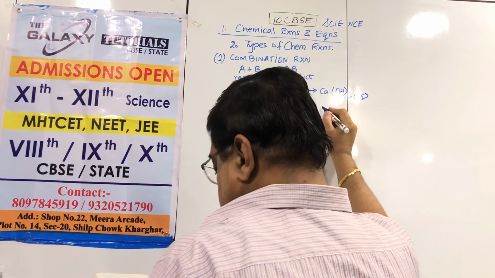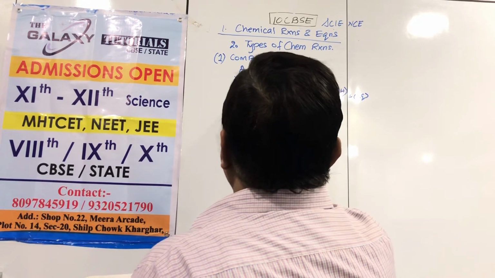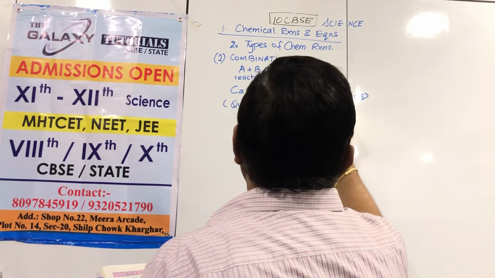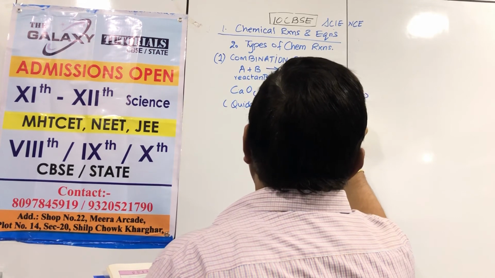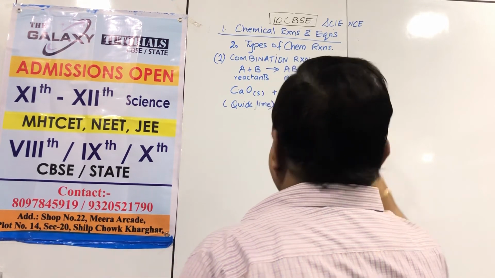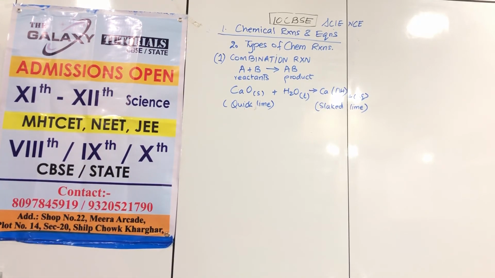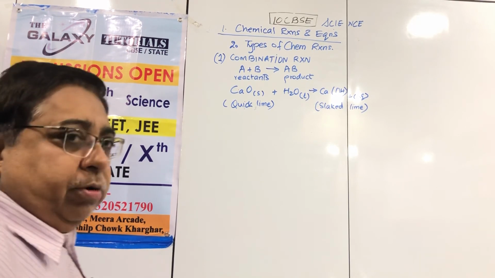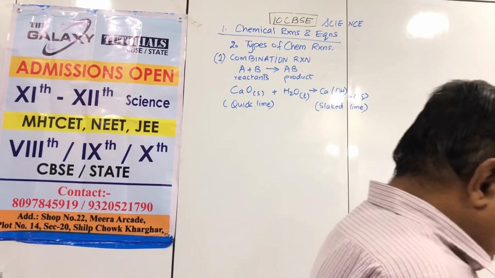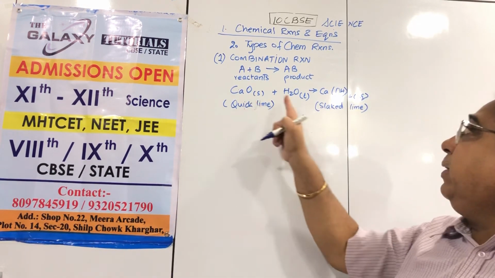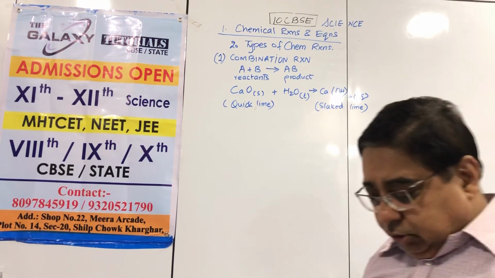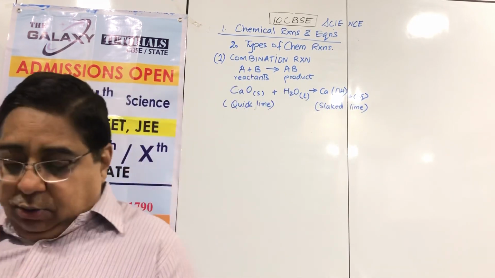This is called quicklime because it's solid, and this is called slaked lime because now it has become a bit jelly-like. So quicklime, or chuna as you say, dissolved in water will form slaked lime or lime water as you call it, and we use it to paint the walls white, etc. And the paan wala, as you see, applies it on your paan when you go to a paan shop. Now, as you can see, A plus B gave me AB. So this is a type of combination reaction.